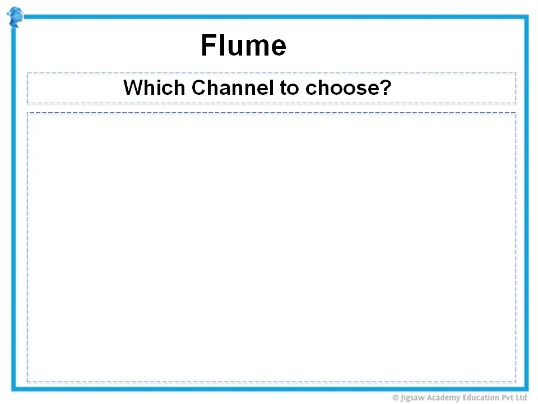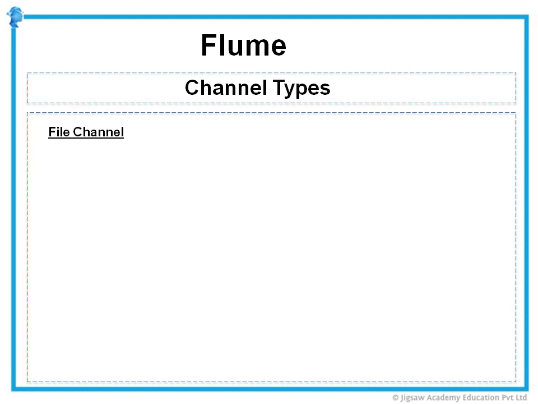An important decision to make when designing your Flume data flow is what type of channel you want to use. The two most recommended channels are the file channel and the memory channel. The file channel is a durable channel as it persists all events that are stored in it to the disk.